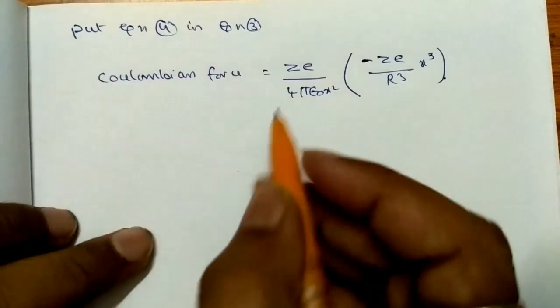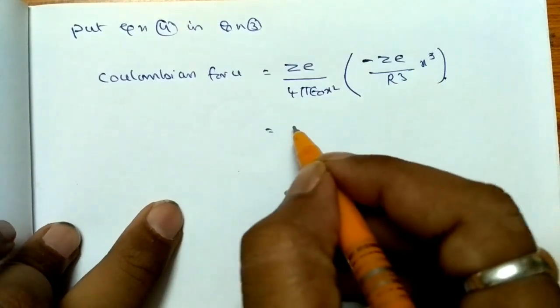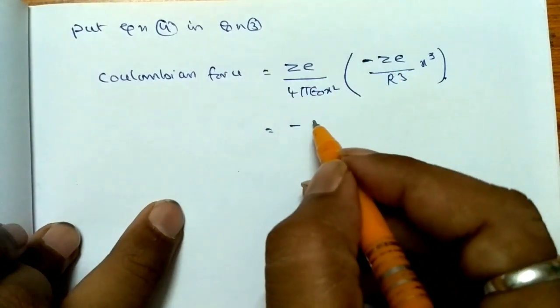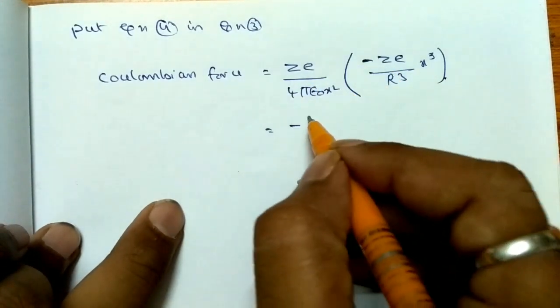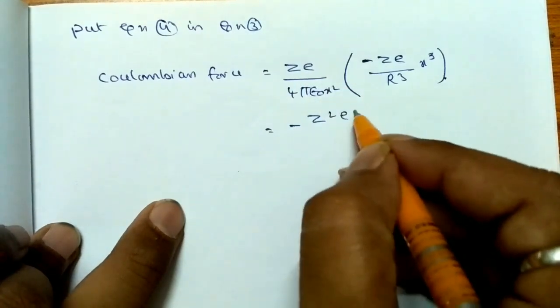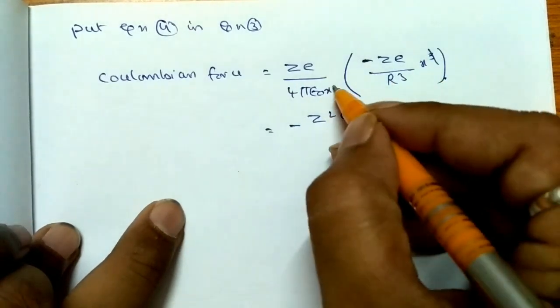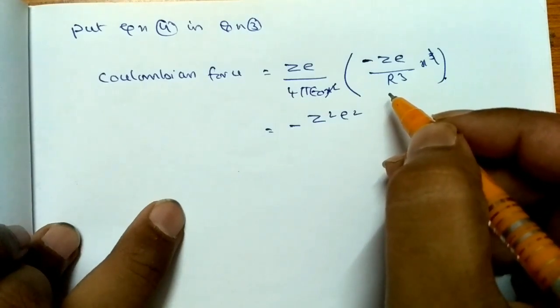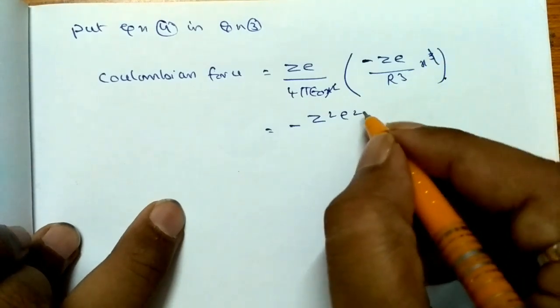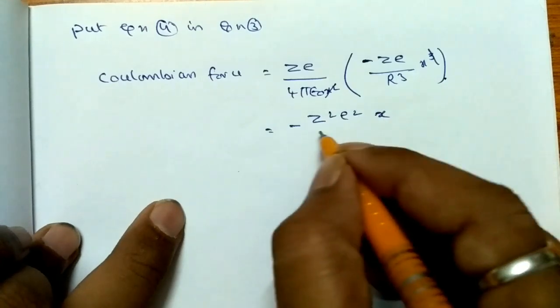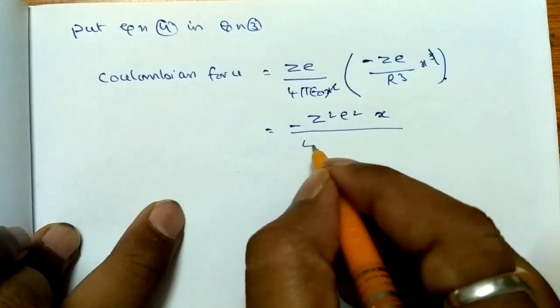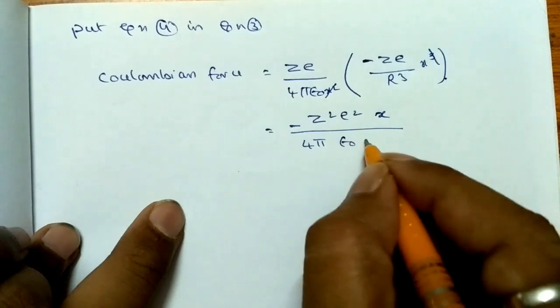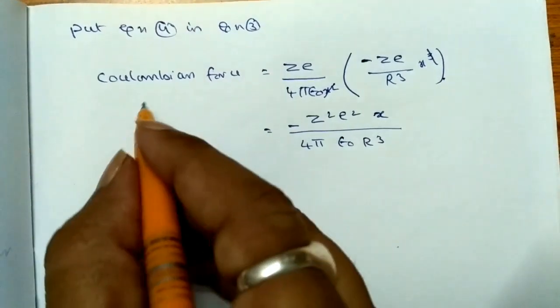Then that is equal to minus Z into Z, Z square, e into e, e square, then x cube and x square cancel with each other, giving x divided by 4 pi epsilon naught into R cube.